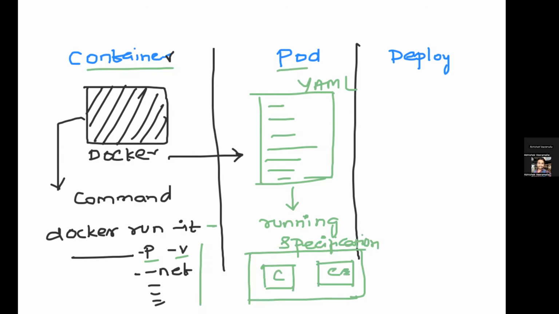In such cases you can put both of them inside a single pod. A popular use case is service mesh. In service mesh, you have a sidecar container, and this is your actual container. The advantage is, if you use a pod, both of them can share the same networking. Both of them can communicate using localhost, and both of them can have the same volume or storage kind of things. So this is about the pod.